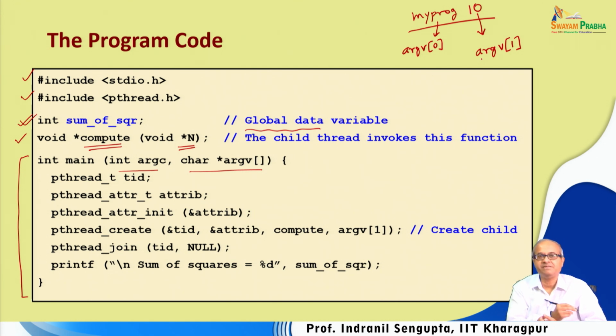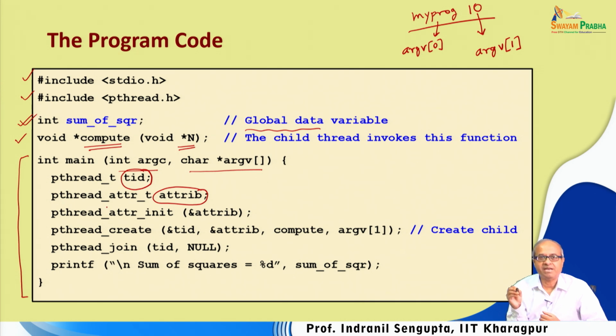Let us see inside this main function what we have done. We created a variable called tid. In the pthread library, the data type for a thread ID is given, that is called pthread_t. So, tid is of type pthread_t. Then we define some attributes of the thread; we give a name to the variable, let us say attr, and this is of type pthread_attr_t, which is also given in pthread.h.